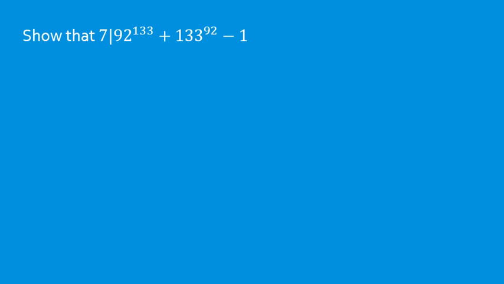Now what this is saying, actually, if I call this number alpha, what this question is actually asking us to do is show that alpha is congruent to 0 mod 7. That's what the question is actually asking us to find in the context of linear congruences.